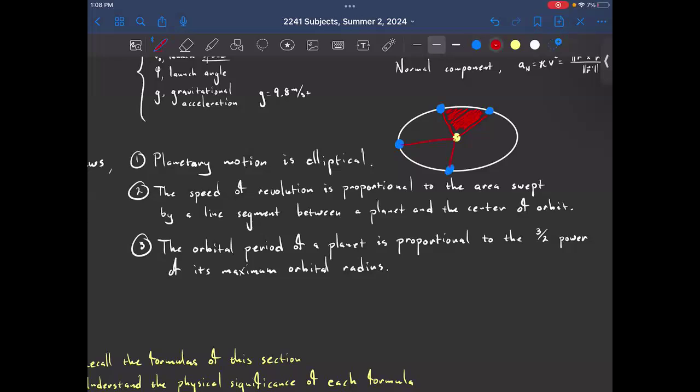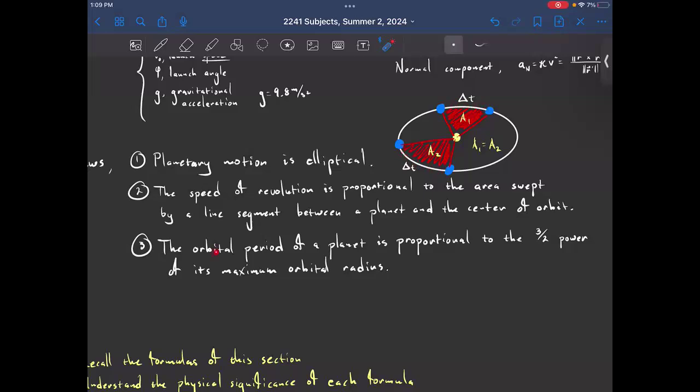Well, these are definitely very different looking shapes, but if this delta t right here is the same as this delta t, then let's call this A1 equals A2. And that's if these are both delta t, the same amount of time to go across those two arcs.